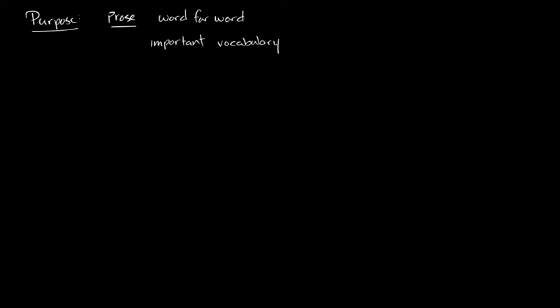Now, I want important vocabulary defined. So I'm expecting a paragraph defining what conservation of momentum is, and I expect this in the purpose of the lab. You can pull it right from your notes, but I am expecting a paragraph.